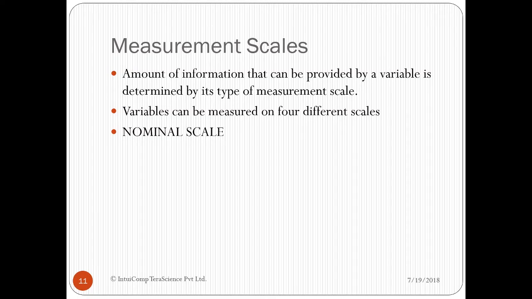Example: color, political party, gender, jersey number, etc. Next is the ordinal scale. Data are measured on an ordinal scale if the categories imply order. Example: military rank, clothing size, etc. The difference between ranks is consistent in direction but not in magnitude.